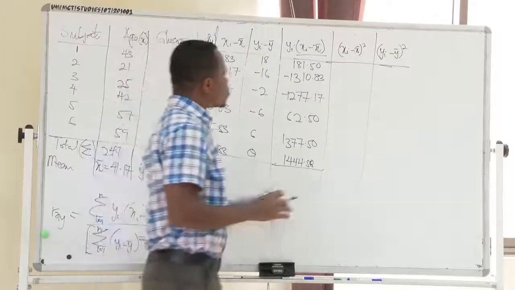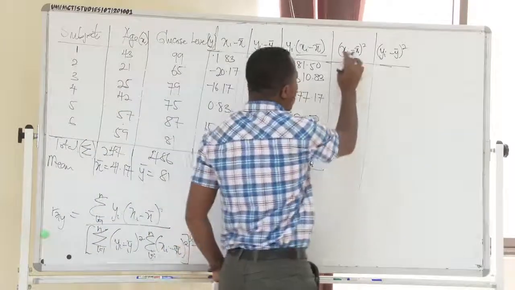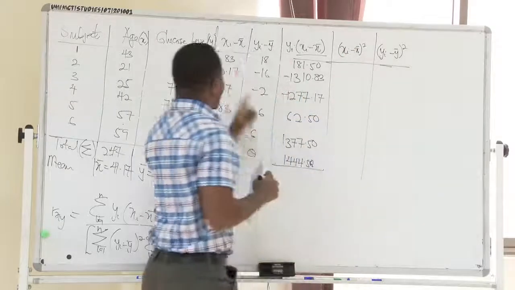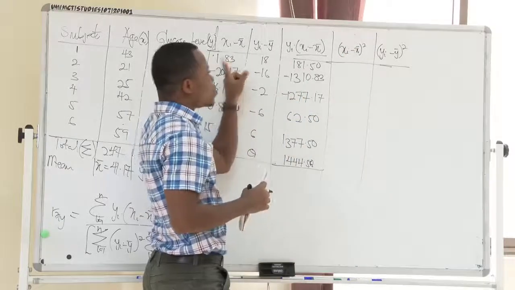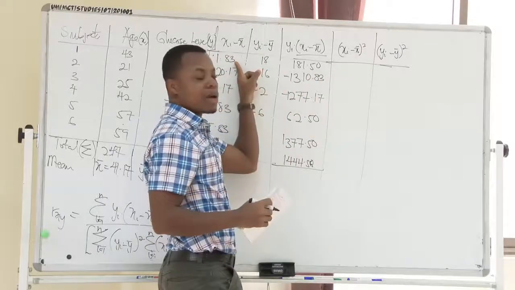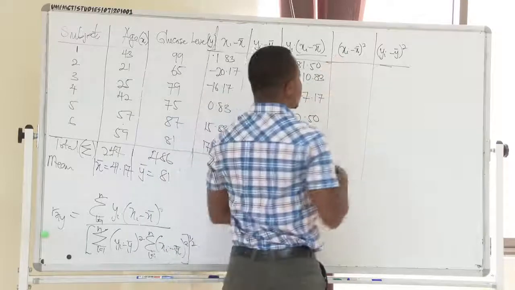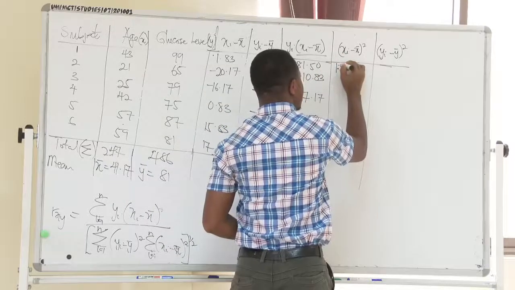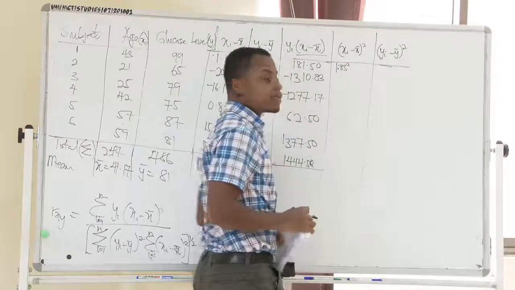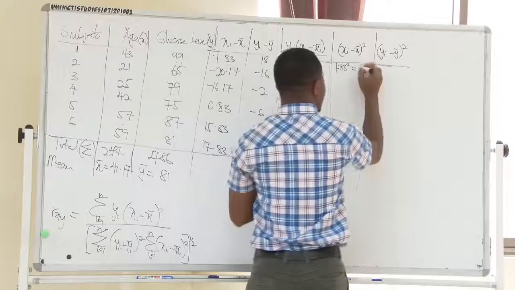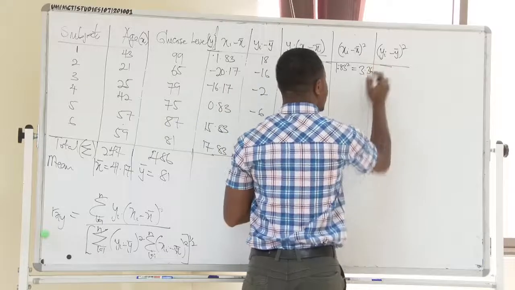So our xi minus x bar has already been calculated here. All we have to do is square this value. For this section, this is going to be 1.83 all squared, and this is going to give us 3.36.